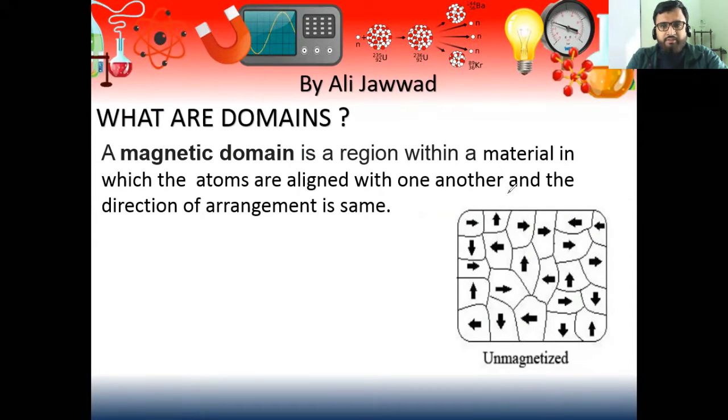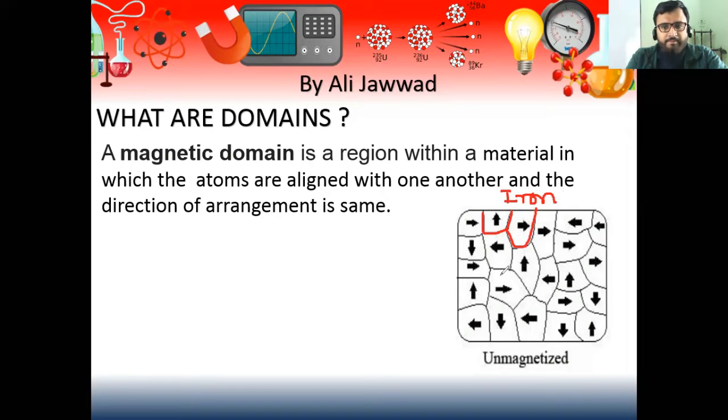For example, if we are considering a sheet of iron, this can be imaginatively or hypothetically divided into several subregions. These regions are specific because they have different arrangements of atoms and movement of free electrons.